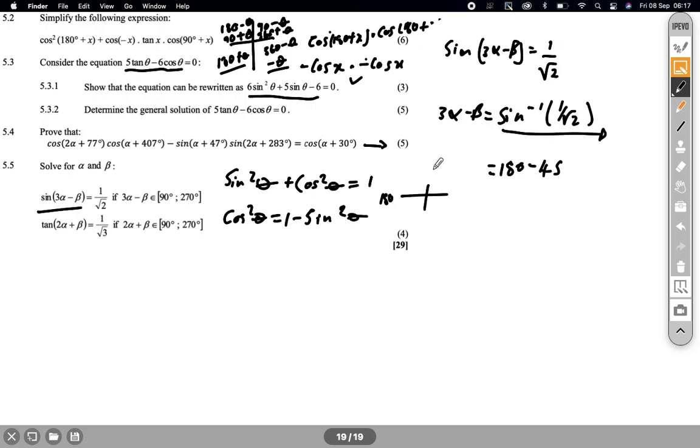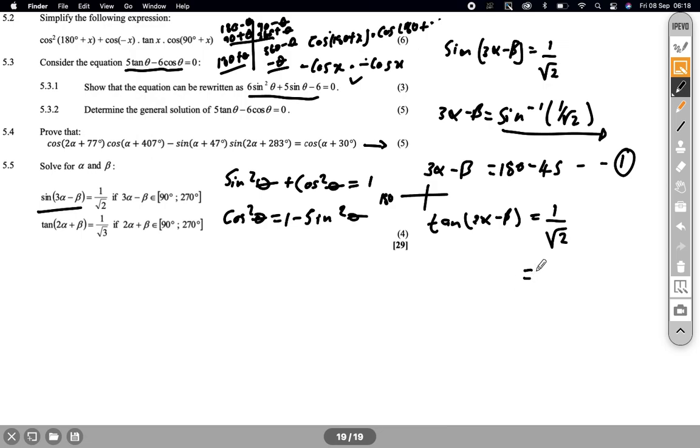So now you have 3 alpha minus beta equals 180 minus 45. So this can be your equation 1, and then we go to the tan part. Okay, so we have tan of 2 alpha plus beta equals 1 over root 3.